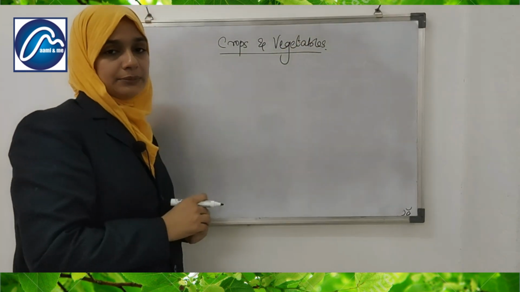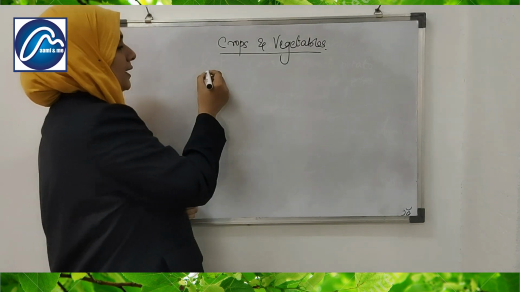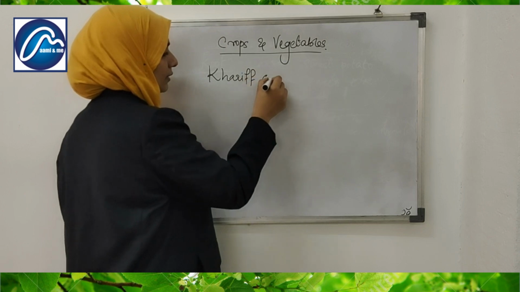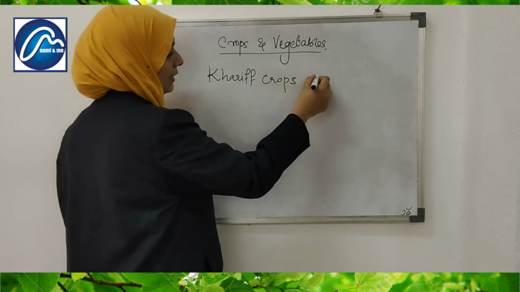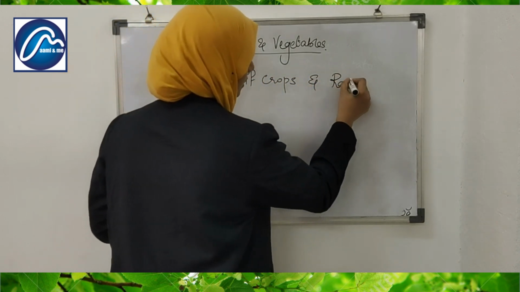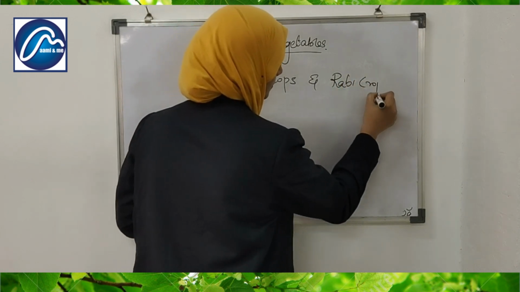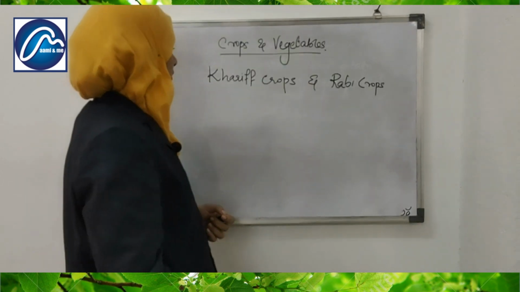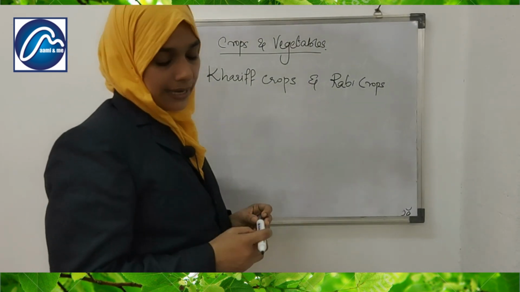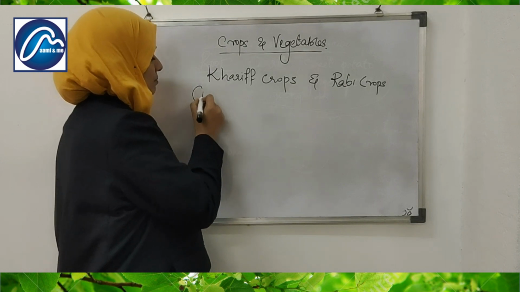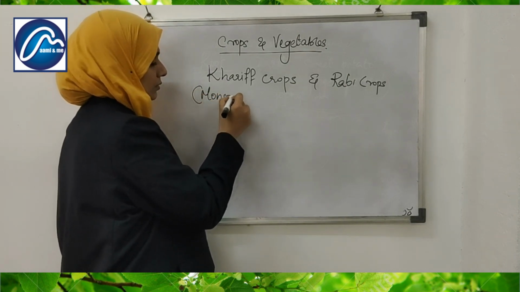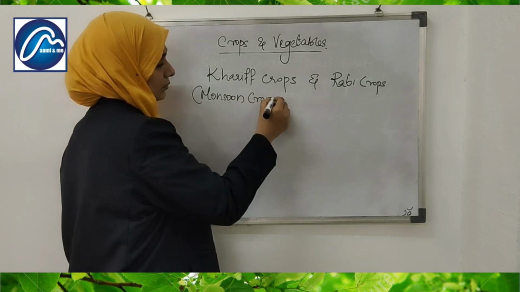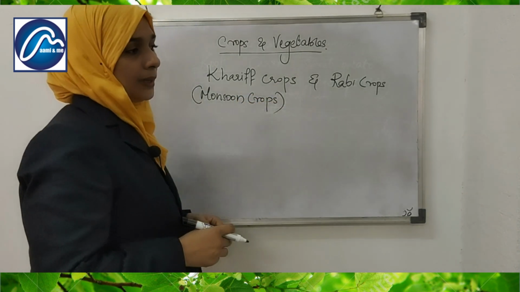There are two types of crops in India, that is kharif crops and rabi crops. Kharif crops are also known as monsoon crops. Why?